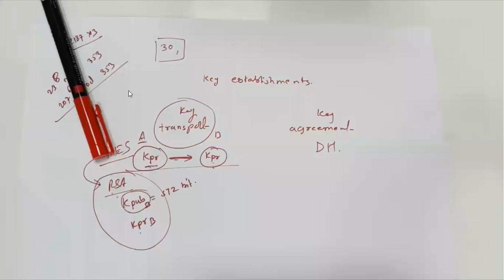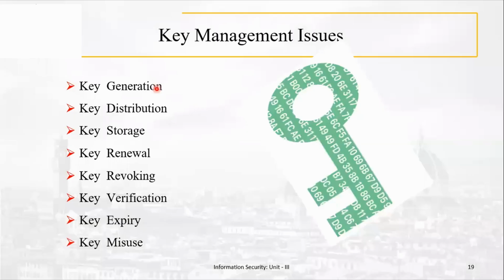Key generation comes under key establishment, and there are many ways for key generation. Distribution comes under how you distribute the keys. We have seen that a couple of lectures back, how many keys you can generate and all these things. Where do you store the keys? Whether you store it centrally or in a distributed manner and all these things.